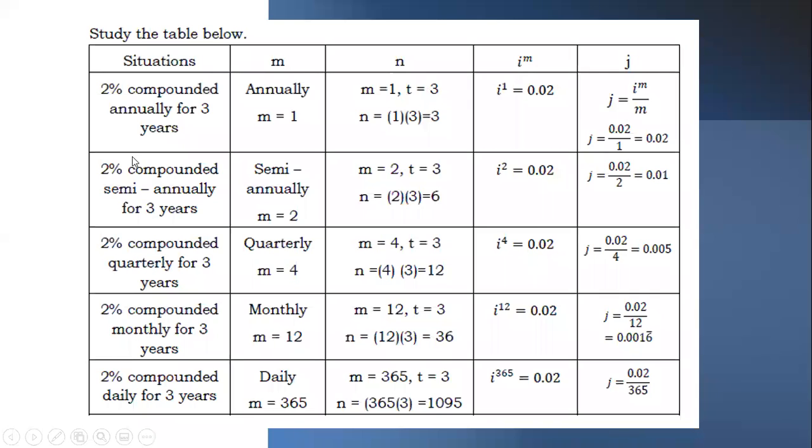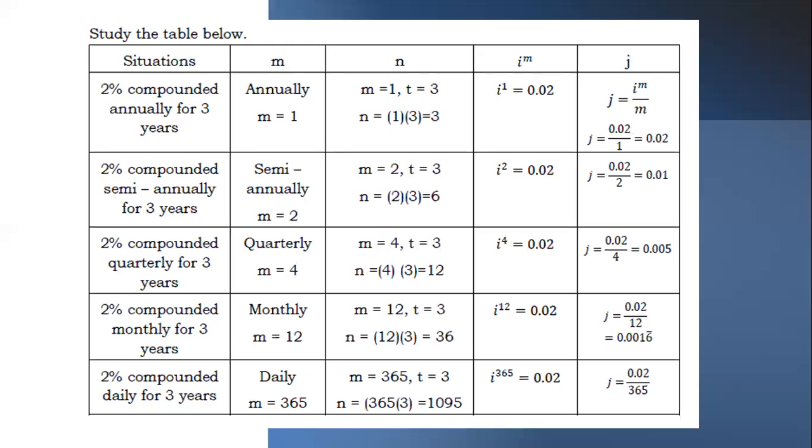Kapag naman siya ay naging 2% compounded semi-annually, sa isang taon, 2 beses siyang mag-i-interest. So our conversion period M is 2, kasi semi-annually nga, twice a year. So yung magiging N ninyo, the total conversion period will be 6. Kasi for 3 years, 2 sa unang taon, another 2 for the second year, and another 2 for the third year, a total of 6 conversion periods.